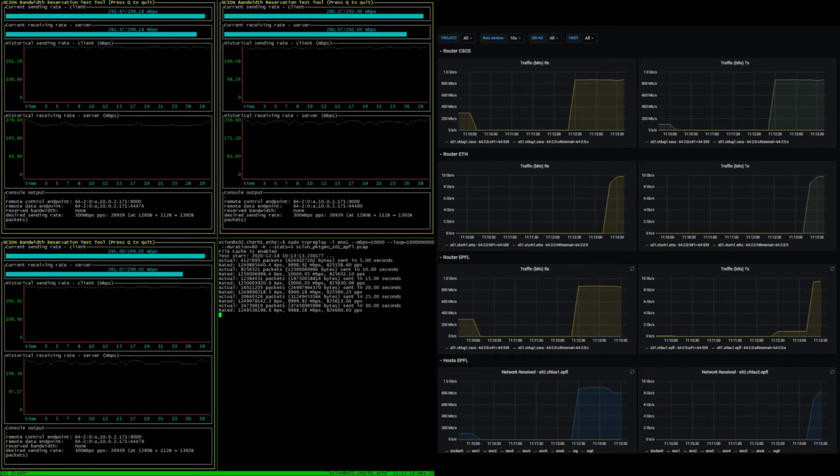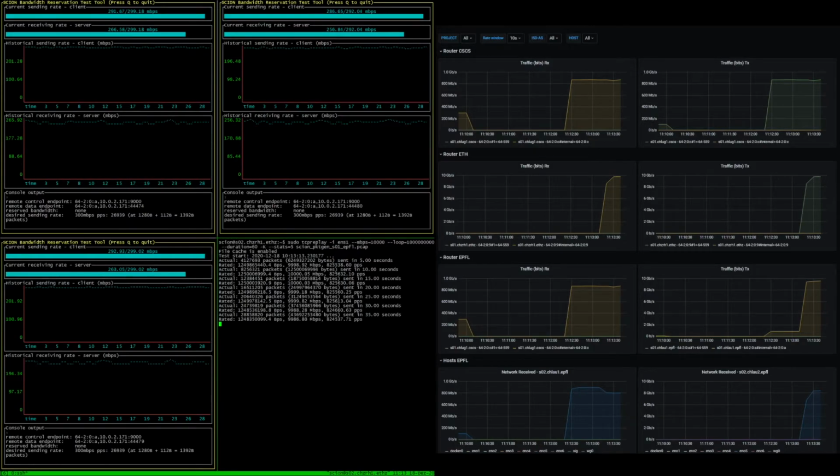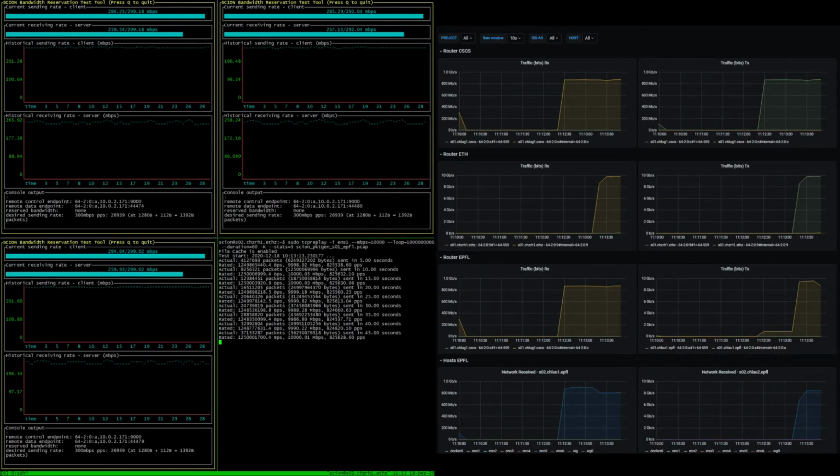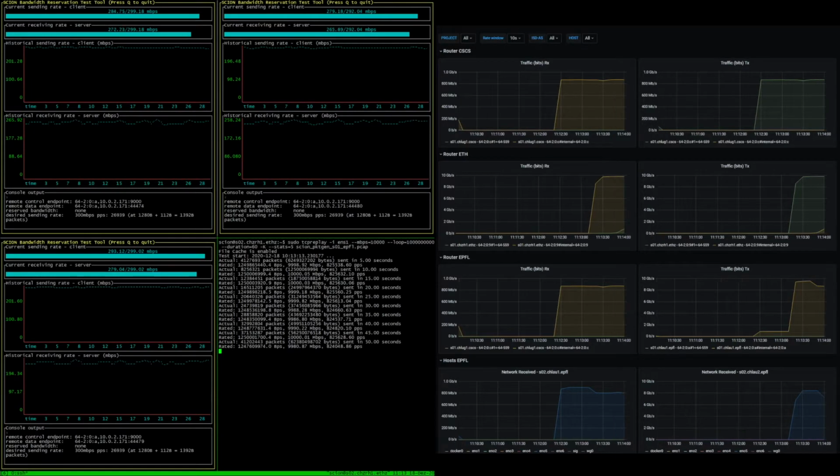On the lower left side, you can see the receiving rate at EPFL has dropped down by some amount. This shows the impact the 10 gigabits per second going through the same router at EPFL has on the traffic by our CSCS hosts. The server is only capable of receiving around 800 megabits per second now.